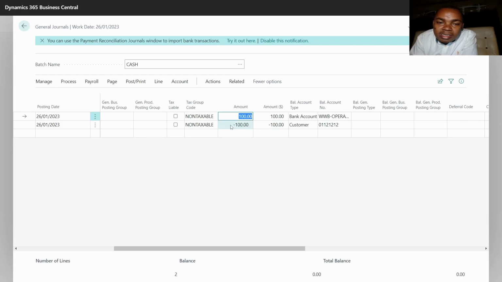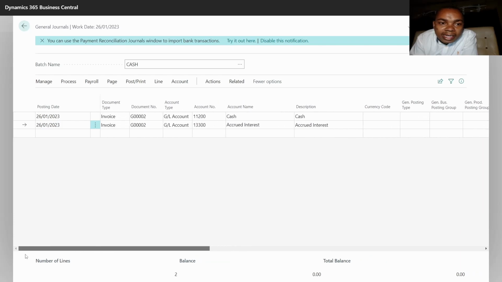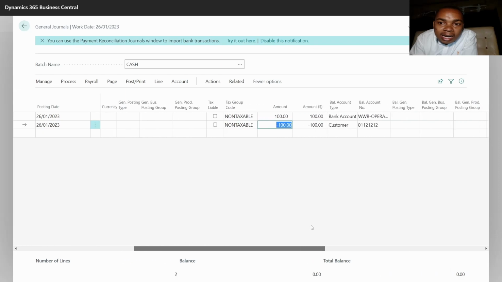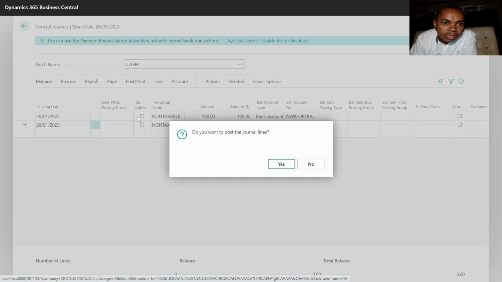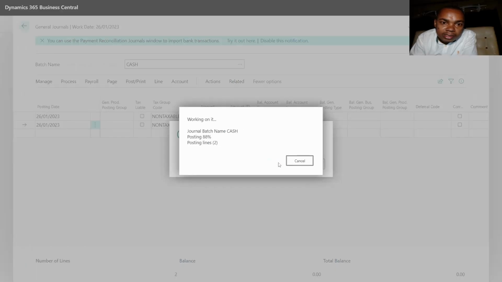For the next line, you can see we have a credit, so it means we are crediting this account. Then our balancing account will be the account to be debited, as you can see. So what we can do is post this transaction and try to confirm what has really happened.